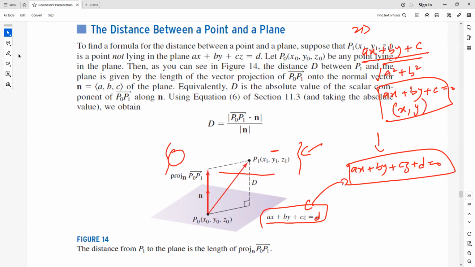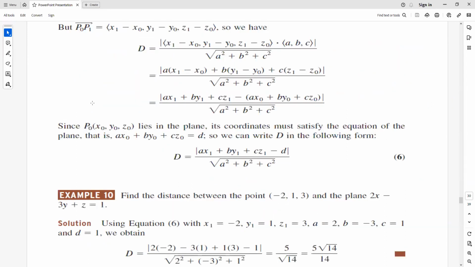Okay, so now this is an example. This is a point, this is a plane. So we have x equals -2, y equals 1, z equals 3, a is 2, b is 3, and c is 1, right?